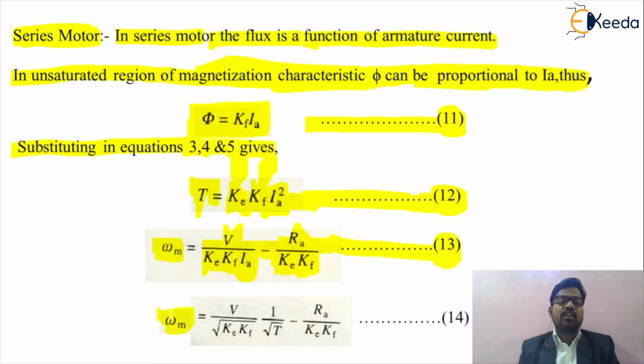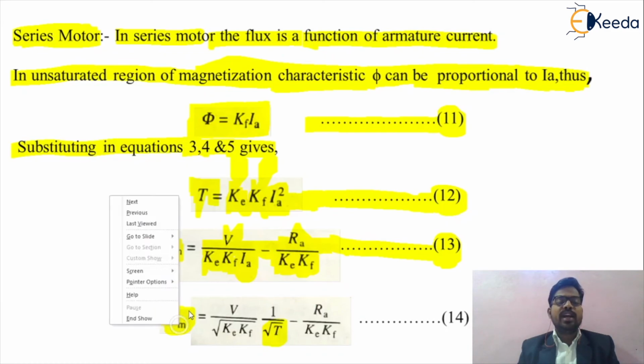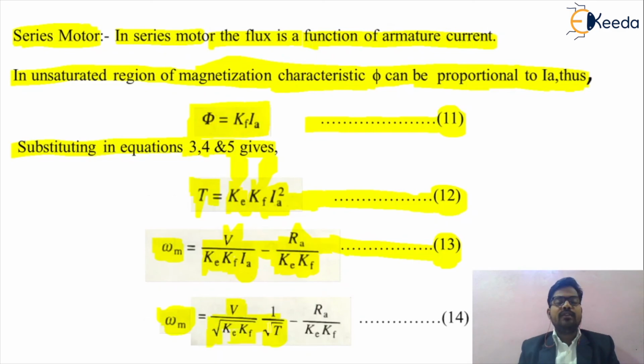So we are getting the torque and speed relationship, that is omega m is equal to V divided by square root of Ke Kf into 1 by square root of T minus Ra divided by Ke into Kf. So this is called equation number 14. So these are the basic equations in concern with your DC series motor, that is equations of your torque and speed.